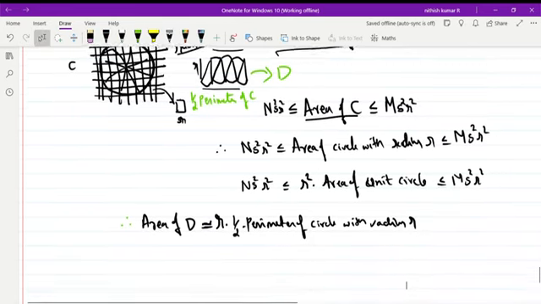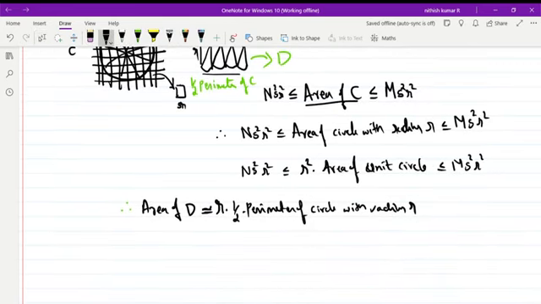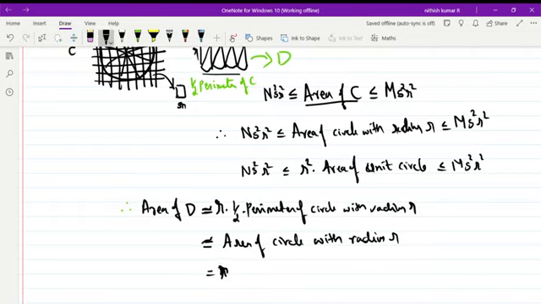Now the area of D is nothing but the area of C. Therefore this is nothing but the area of the circle with radius r, or it is nearly equal, again it is near, or it is nothing but r square into the area of the unit circle. So by increasing the number of partitions, we are getting the area of the circle with radius r.